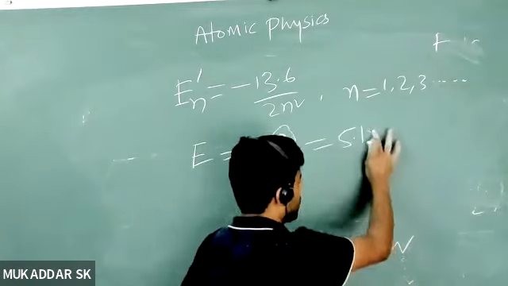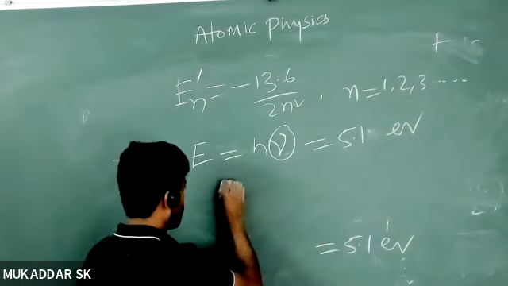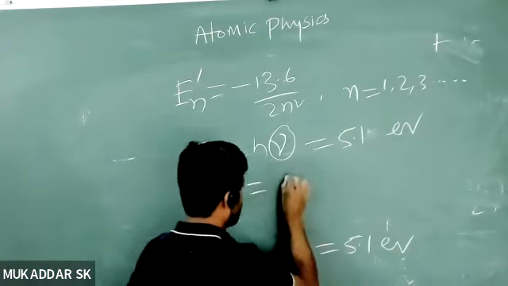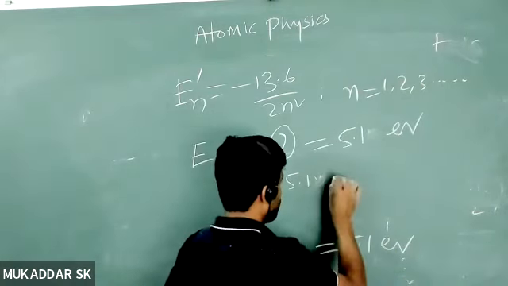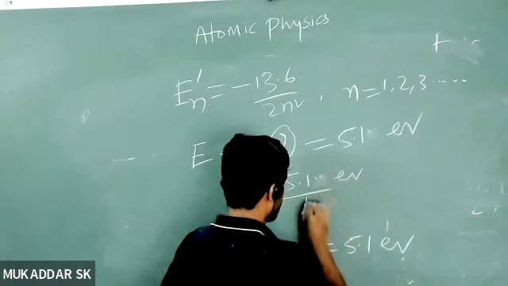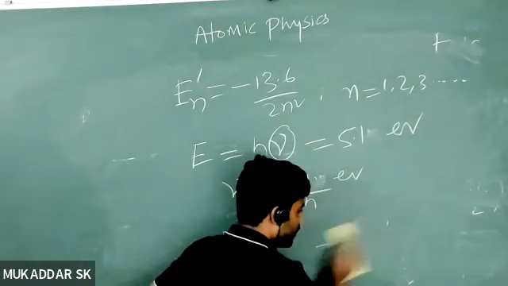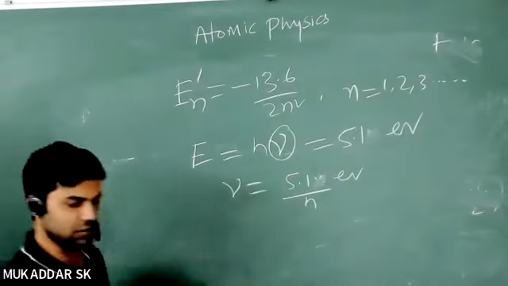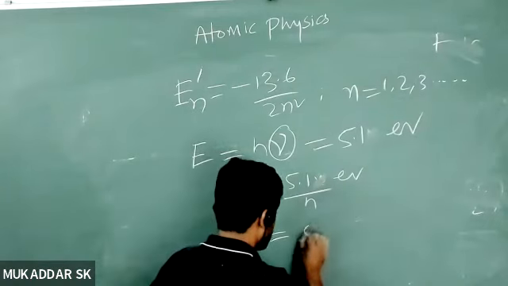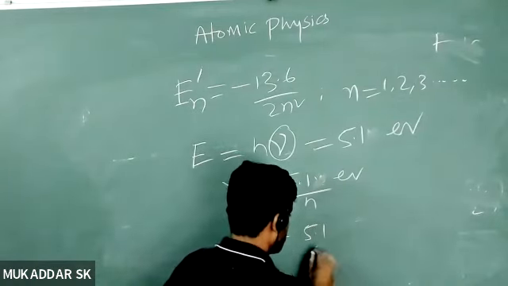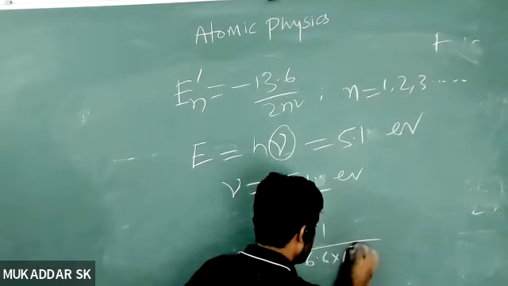So nu will be 5.1 eV by h. You know h in SI units, the Planck constant, 6.6 into 10 to the power minus 34.